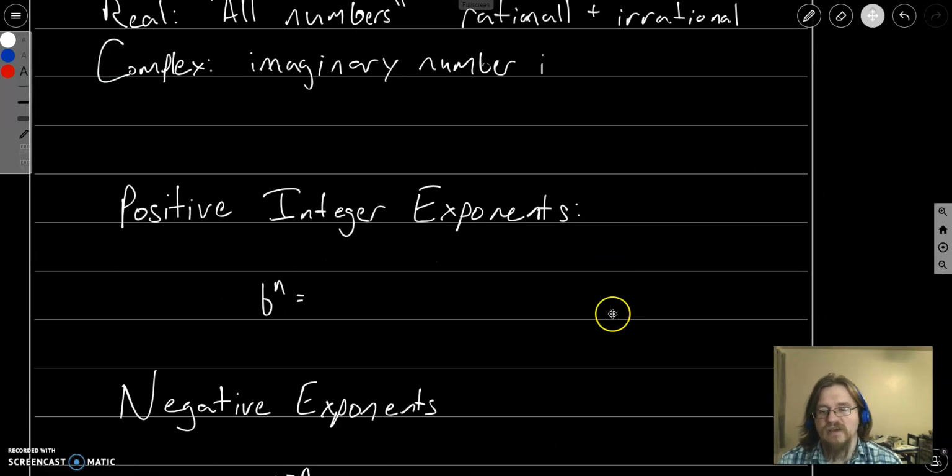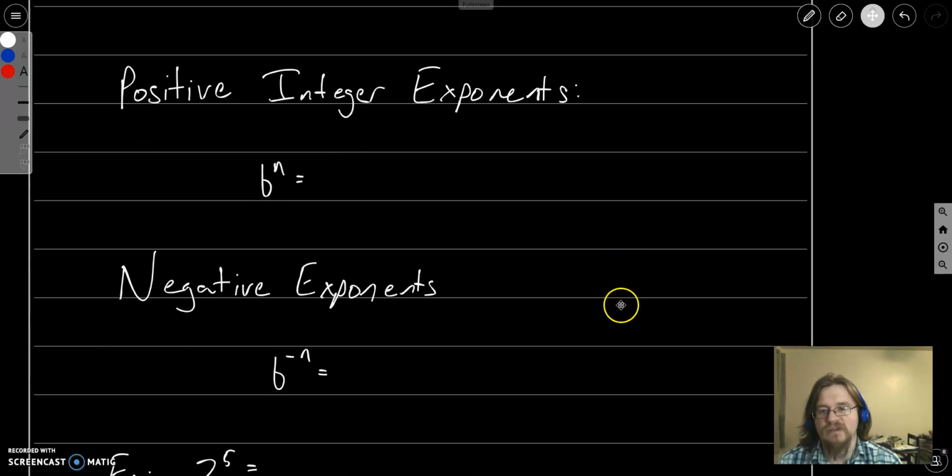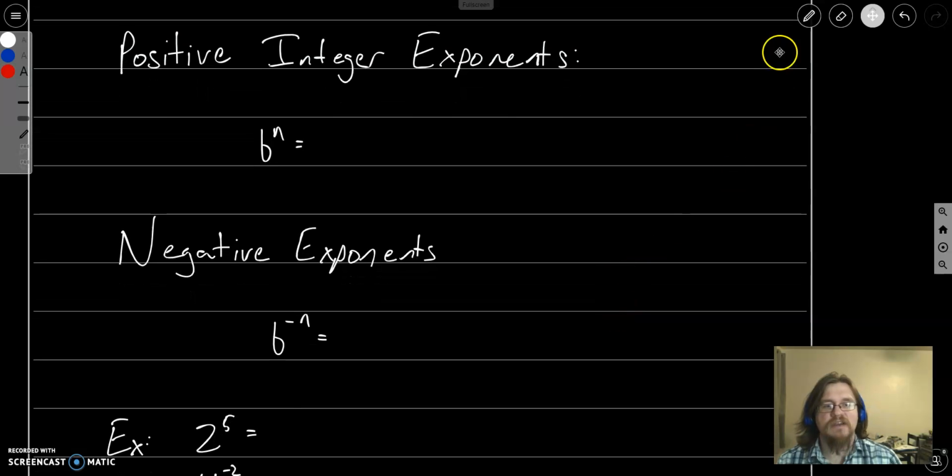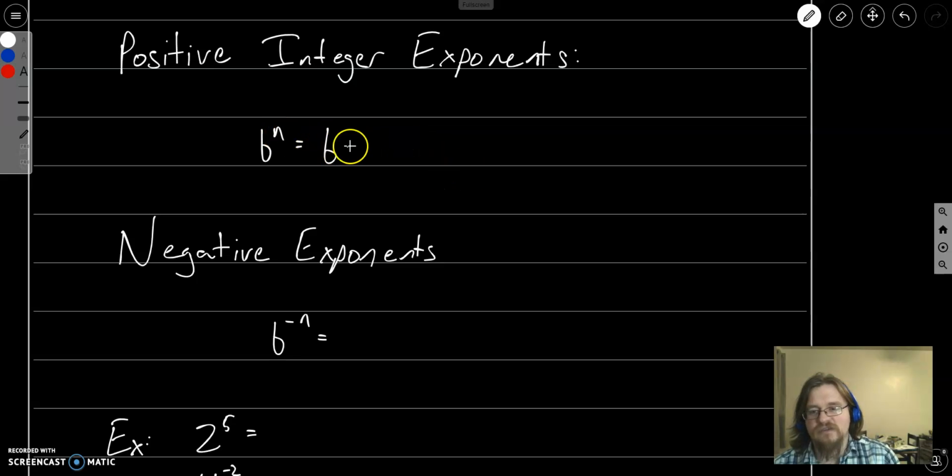So for instance, when we're focusing on exponents, the first sorts of things that we want to look at are integer exponents. If we have a positive integer exponent, say b to the nth power, typically this just means that we're going to take b times itself n times.